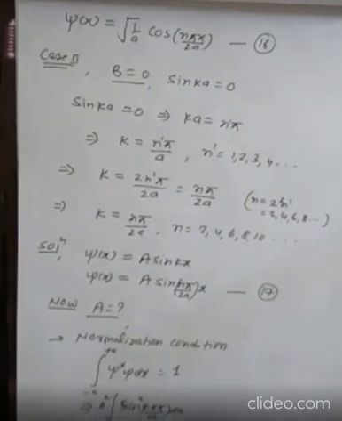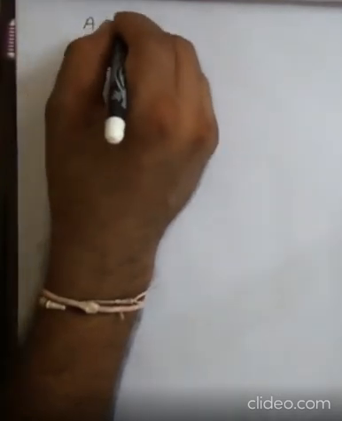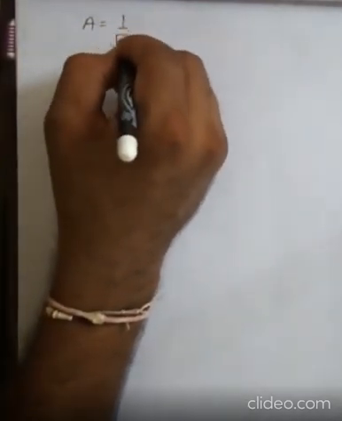Okay, so after solving this integral, I will get the value of a as 1 over root a.